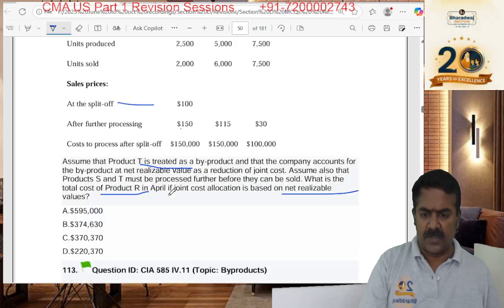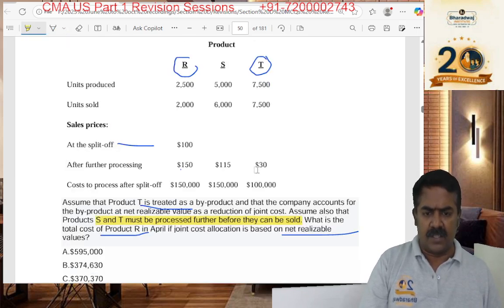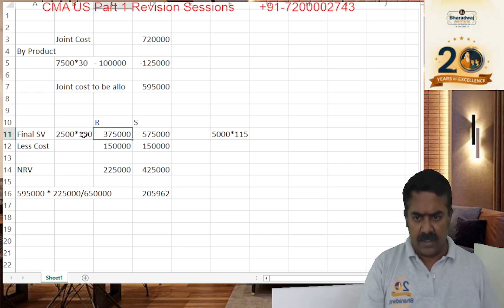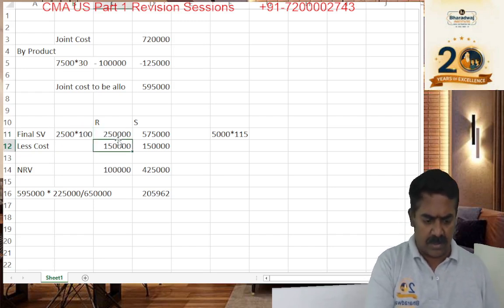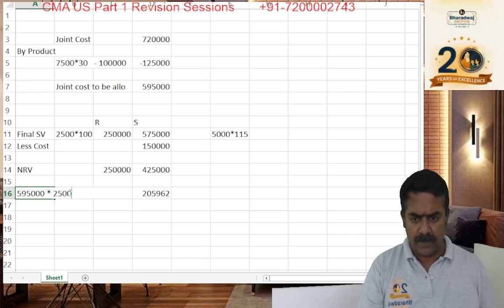R is not processed further. S and T must be processed, which means R is not processed. We have to take the sale value at the split-off point only. 100 will be 2,50,000, so no further processing is done. So 2,50,000 divided by 6,75,000.